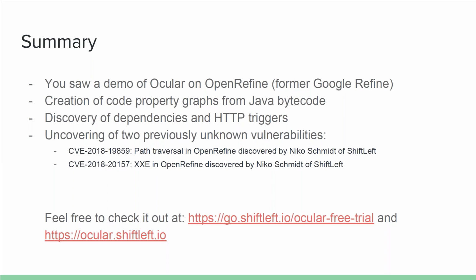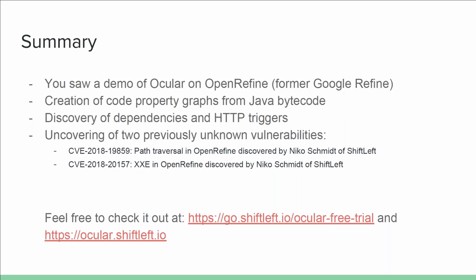We showed you how you can discover dependencies in your code, how you can discover HTTP triggers in your code, as examples, really. If you're interested in other kinds of communication with the outside world, you can create similar queries that will do that for you. You essentially need to know a bit about the APIs that are used out there.